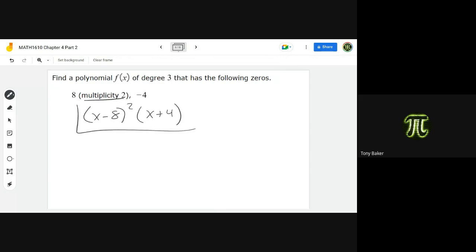And that would be my answer. Okay. Yeah, so when you're looking at trying to figure out if it's a degree of 3, you just add the exponents together. So 2 plus 1 is 3. When you're looking at a factored form, you should have 3 sets of parentheses, and the square just means there's 2 of them.